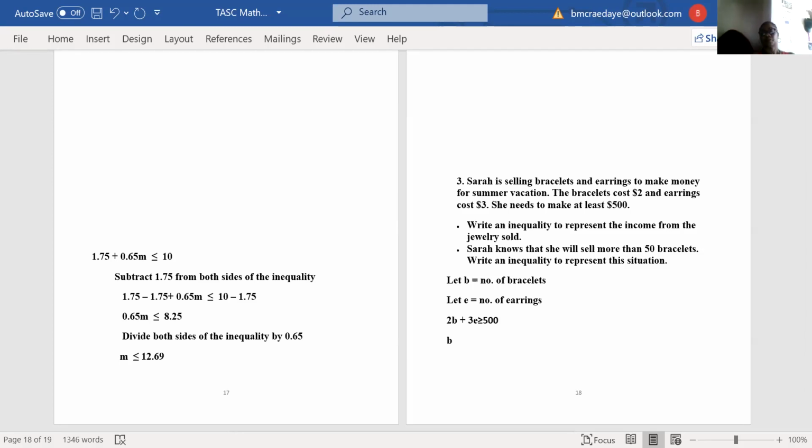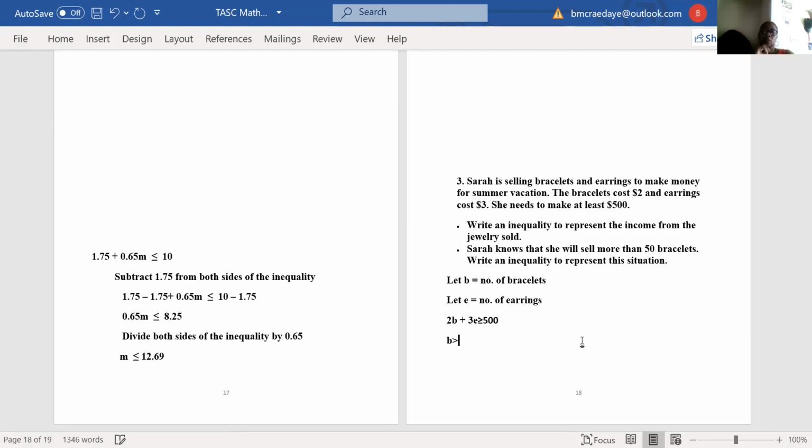B must be what? B must be more than 50. Yes, because it said more than. So more than means greater than. So what would the greater than symbol be? Okay, so the greater than symbol, right?